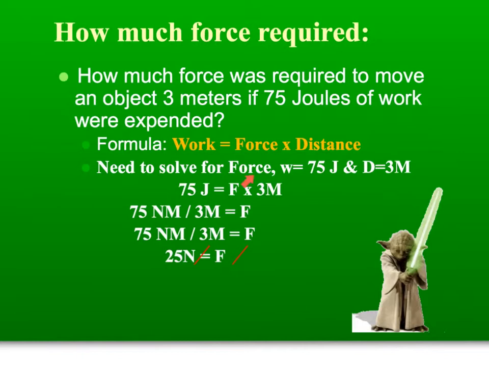We will place 75 joules equals x times 3 meters, and when we solve for x, we will get 75 divided by 3. We will get our force, and we will have a force of 25 newtons. Now notice that the meters canceled out.